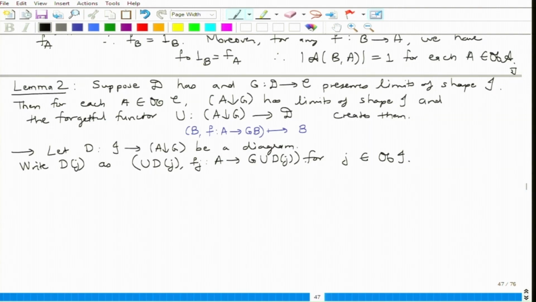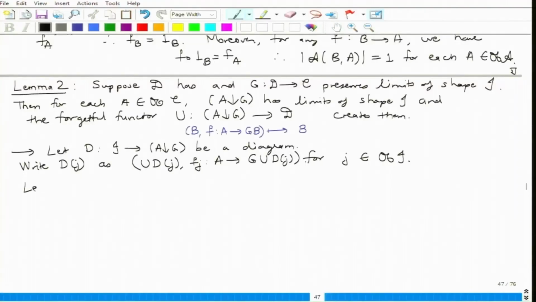So the only part that is varying, this is all happening inside category C. A is one fixed object, and then GU dj is varying as per variation of j.